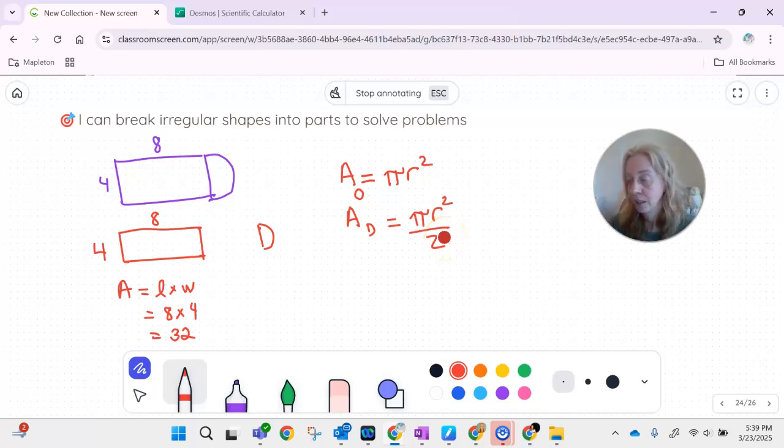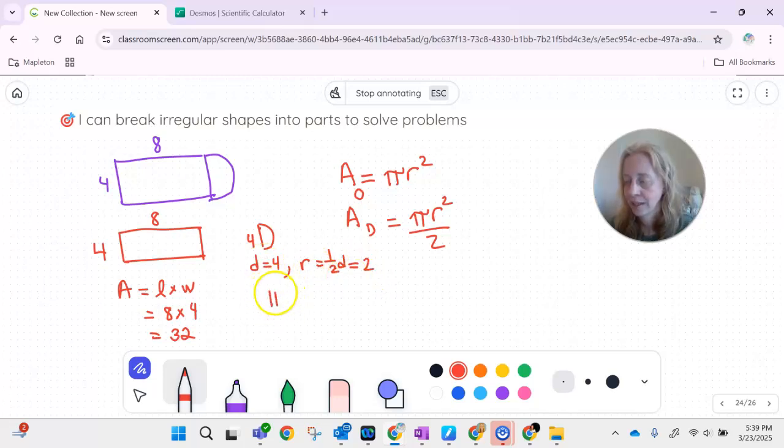And so what we need to figure out is, what is the radius of this? Well, we're given the diameter. The diameter is 4. And so the radius is 1/2 the diameter. So now I know the radius is 2.